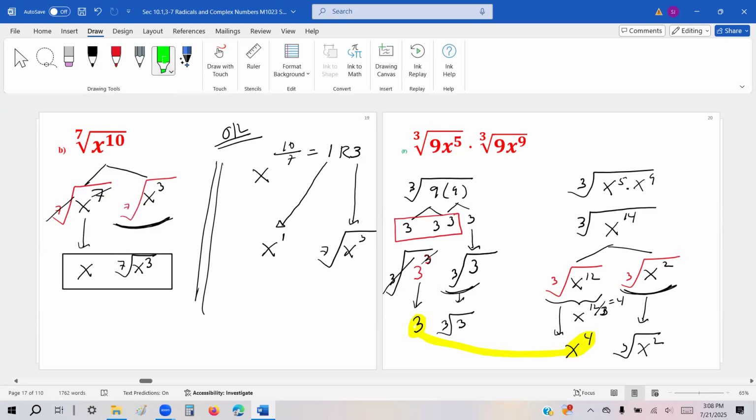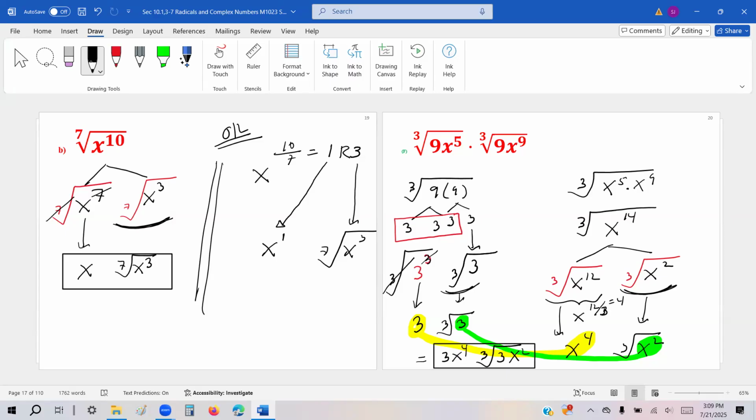And this 3 is inside the radical, and this x squared is inside the radical, so you put them together inside the radical. So here, 3x to the 4 outside the radical, and inside the radical, the 3 and x squared. The simplified goes with simplified. The leftover number goes with the leftover variable.